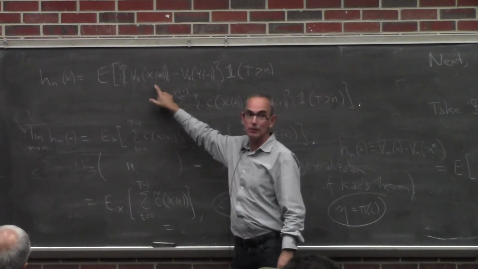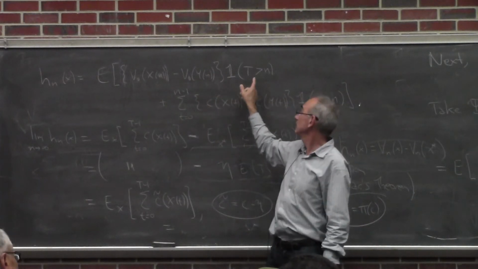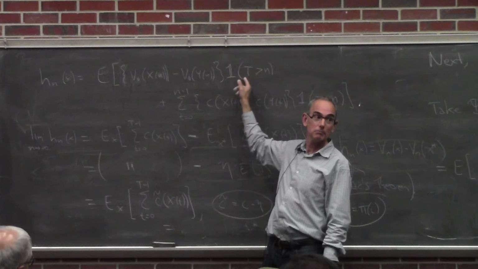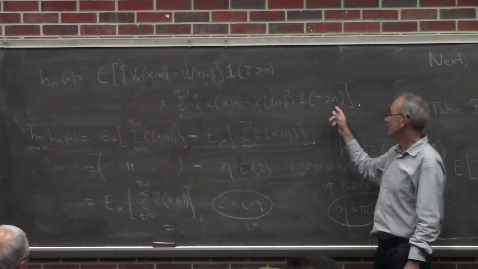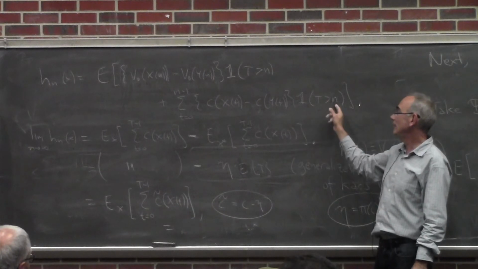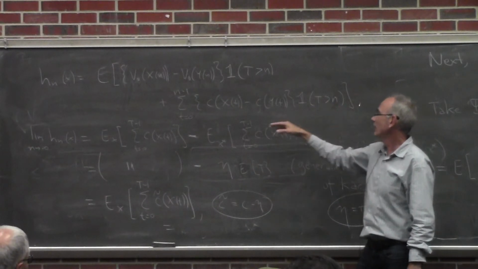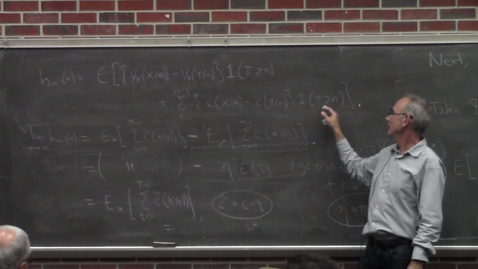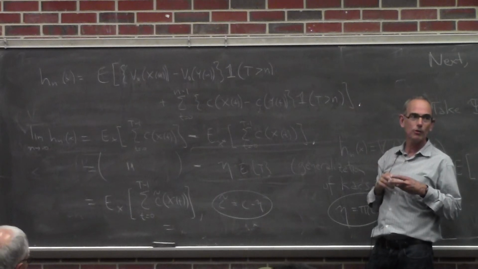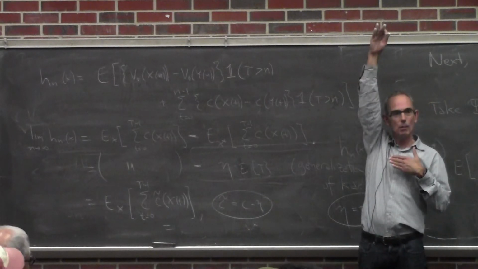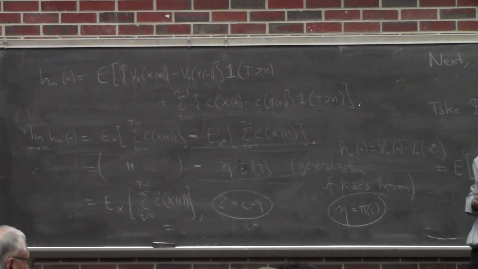Let's assume these guys are bounded. Let's stick to a finite state space just for now. All right, so that goes to 0 as n goes to infinity, the same argument. I'm only summing up for n less than T, because the remaining terms are 0 once x of t and y of t are the same.